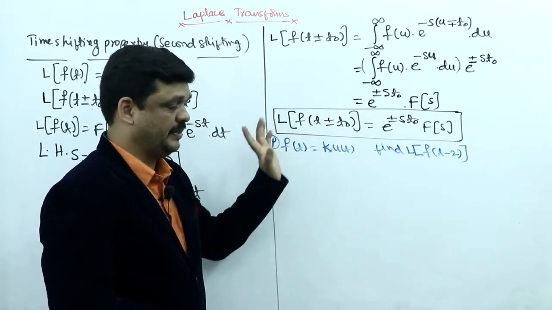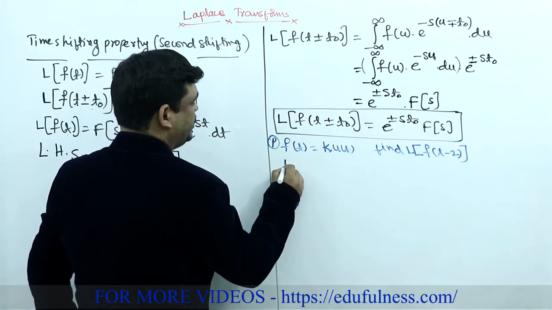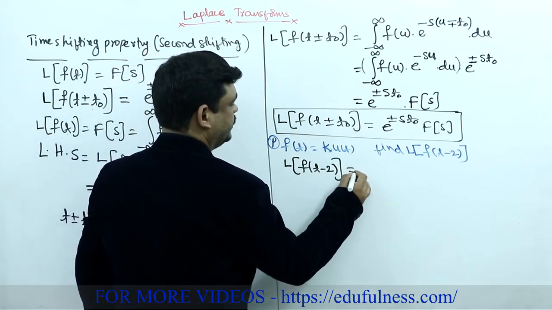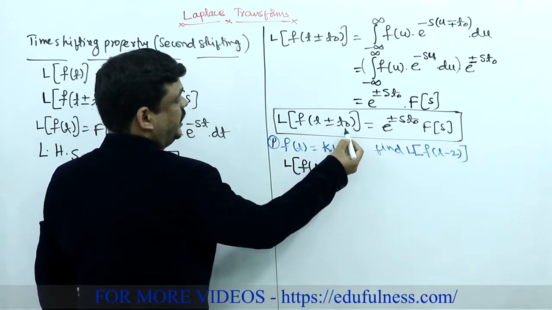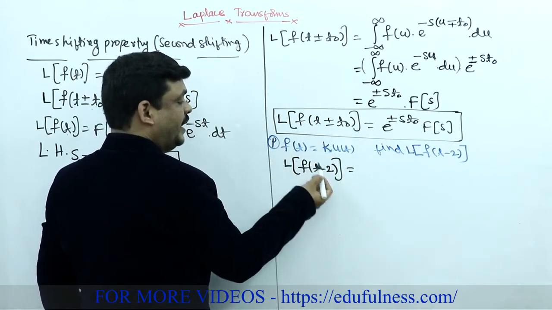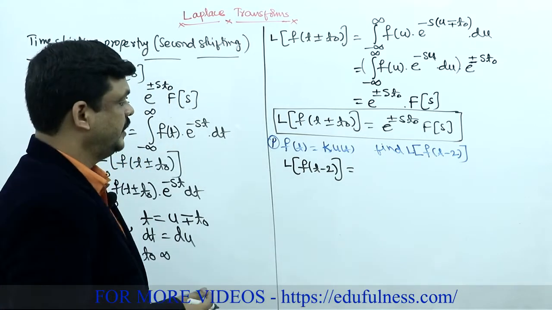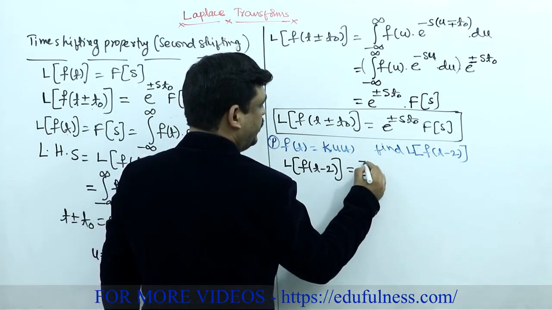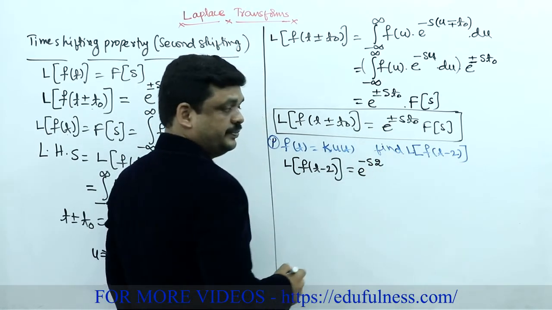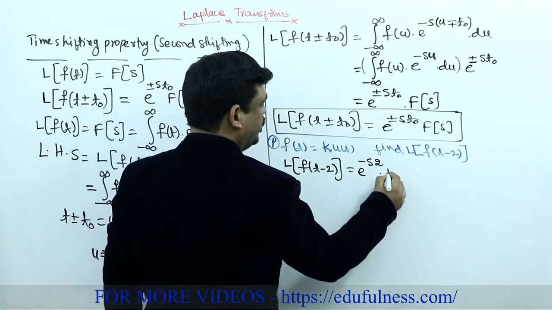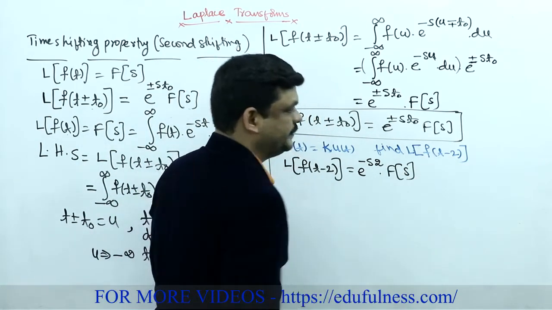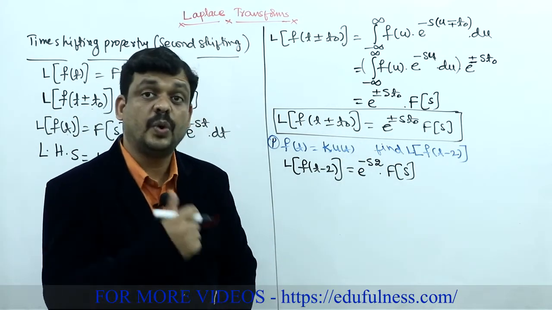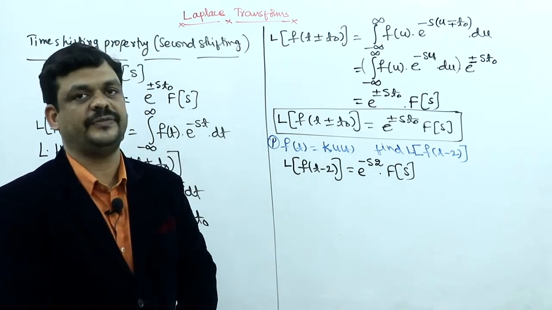So from this statement directly I am writing now, Laplace transform of f of t minus 2 is, comparing with this one, t naught is 2, the constant value is 2, and minus shifting is there, so it is a delayed signal, right? So Laplace transform of f of t minus 2 is e to the power of minus 2s into F of s. Now we want F of s. What is F of s? Laplace transform of f of t is F of s.